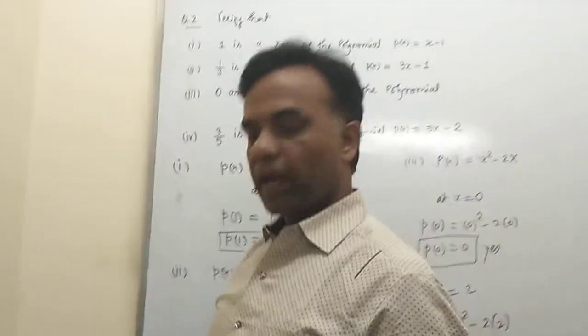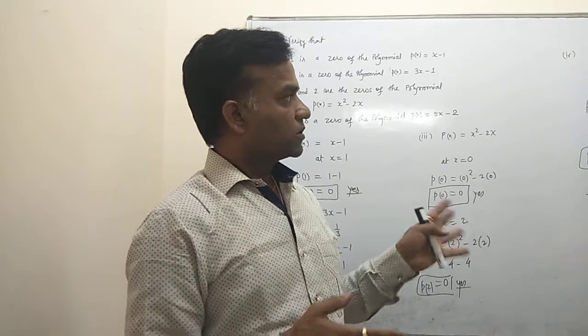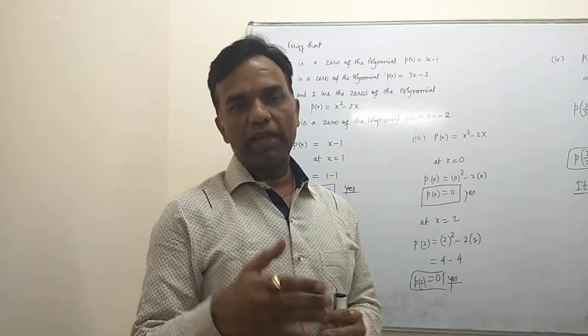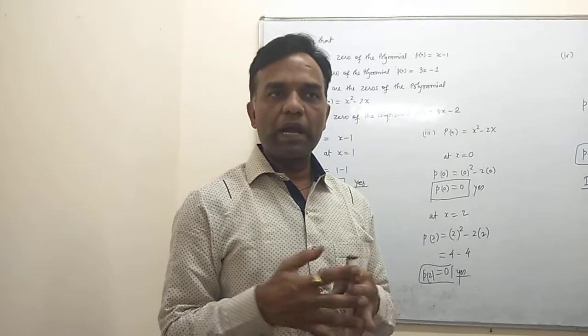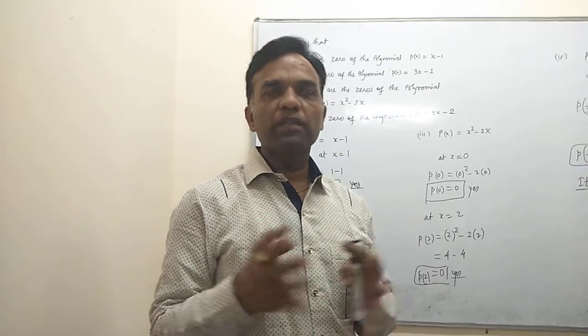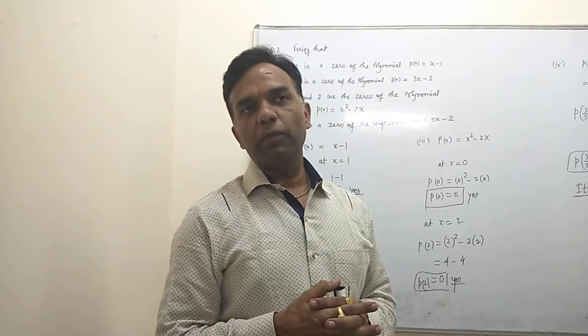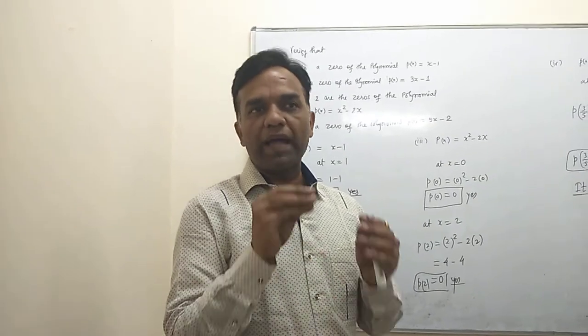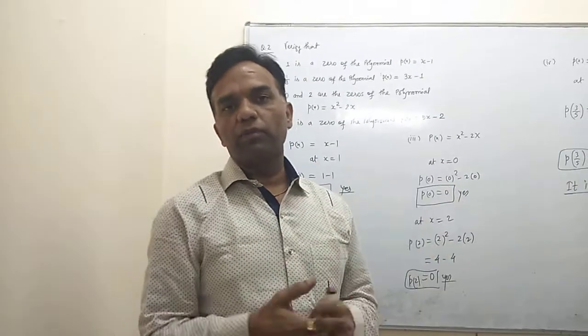Now there are two topics. Here we conclude that the value of the polynomial and the zeros of the polynomial are both correlated. Before this, we first learned how to find the value: a particular term is given, you put it in the given polynomial, and after putting it you get the value of the polynomial.